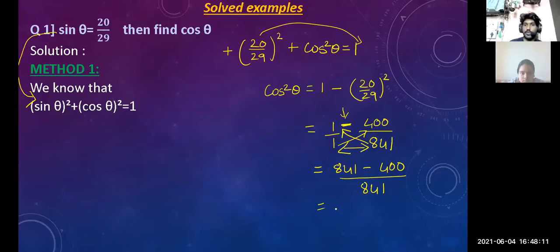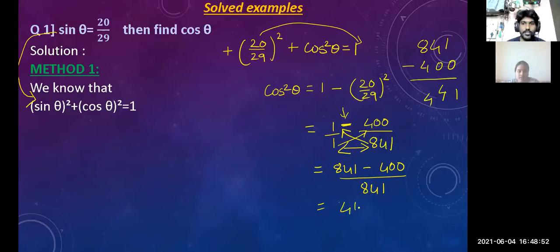Now, how much is 841 minus 400? 841 minus 400, 441. So 441 upon 841.